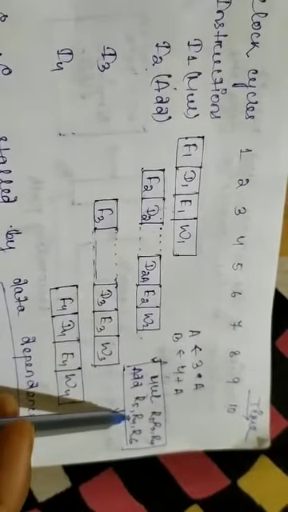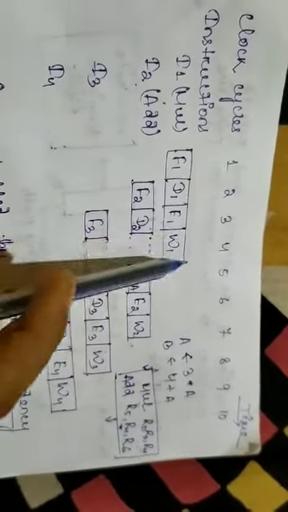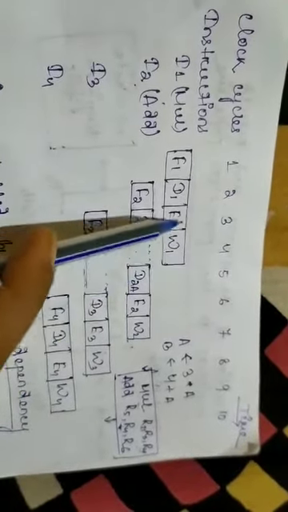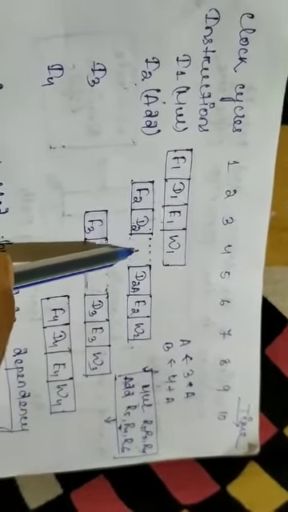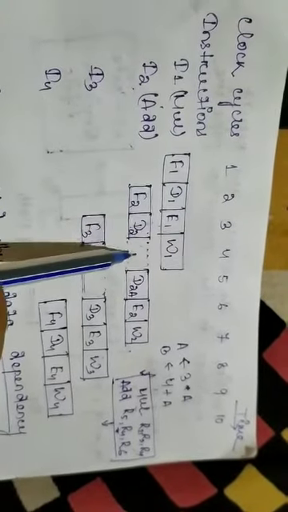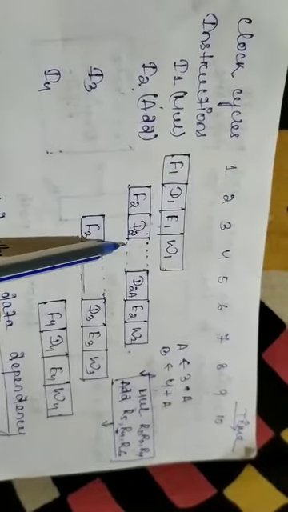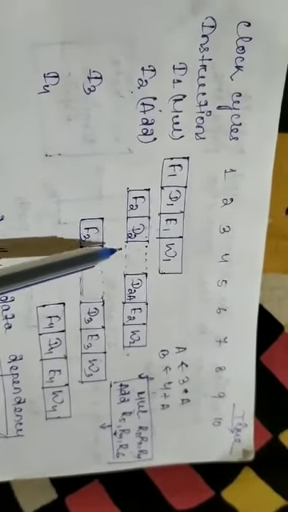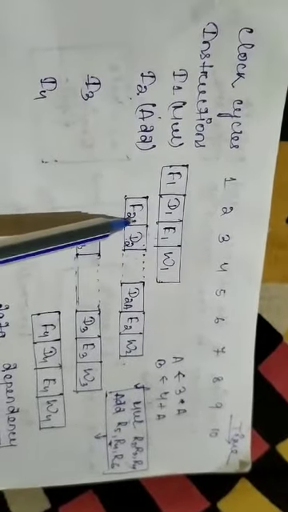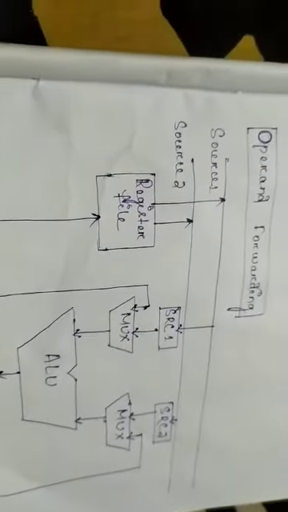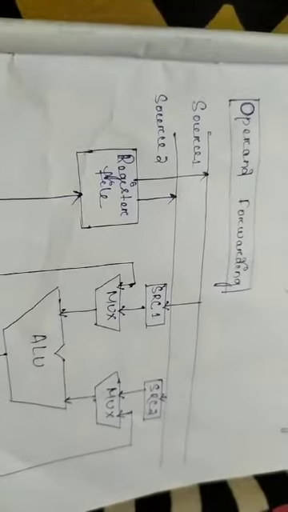As R4 is loaded in the register, it will not go to W1. Before that, it will be forwarded back to the E2 stage. In this way we can solve the problem of data hazard.